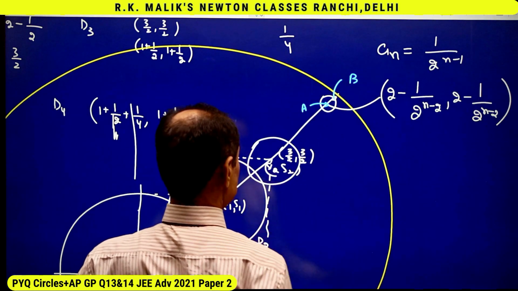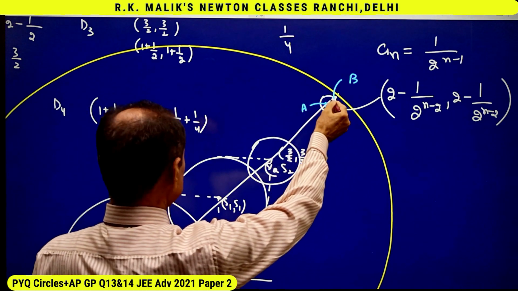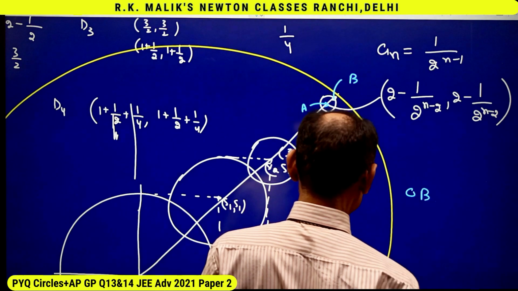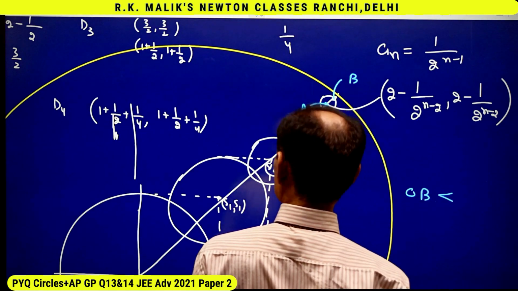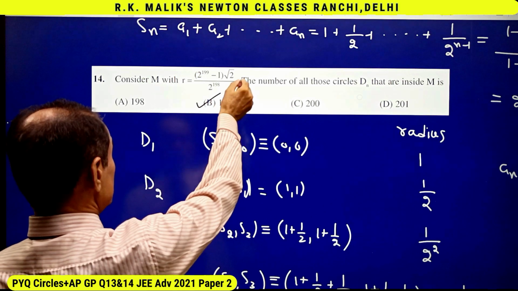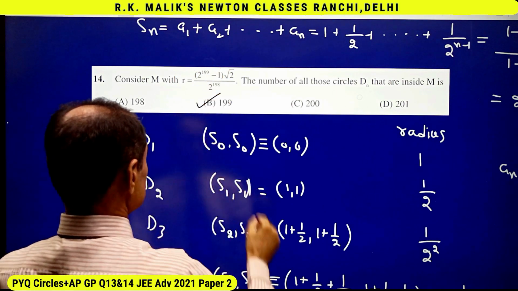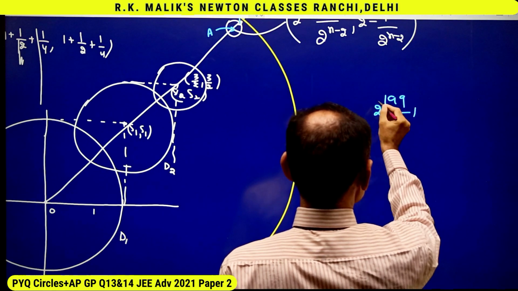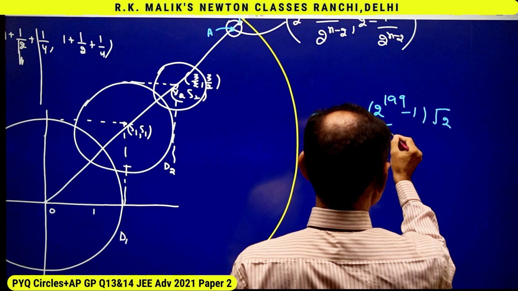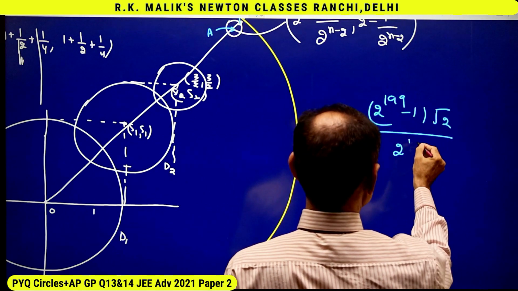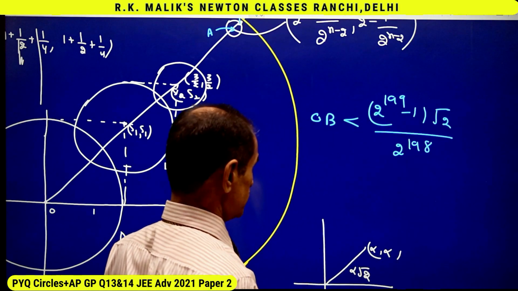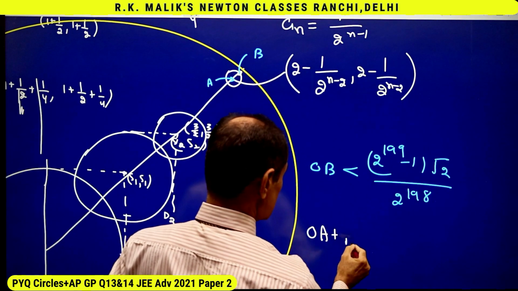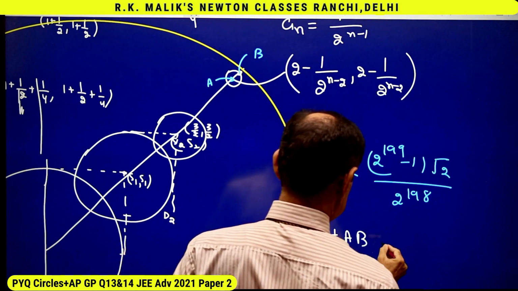say this point is A and this point is B. And for the extreme point to lie inside the circle, the length OB should be less than radius of circle M, that is this, that is 2 to the power 199 minus 1 into root 2 upon 2 to the power 198. And it is clear that OB is OA plus AB. This should be less than.